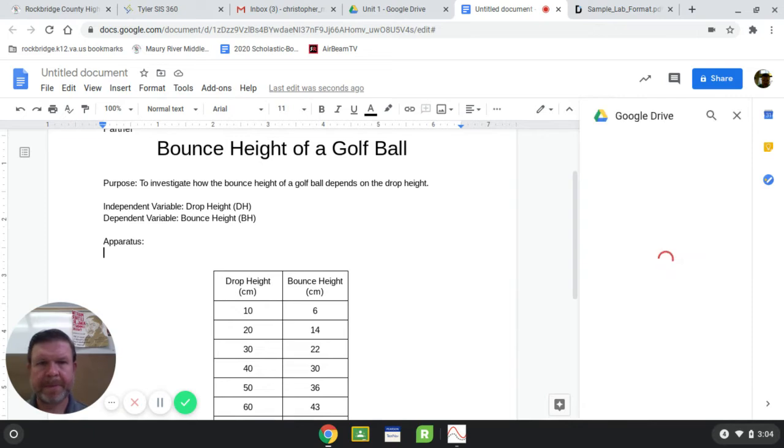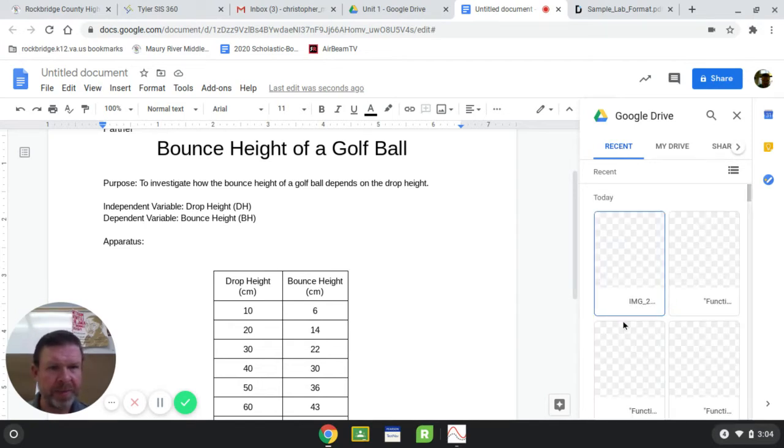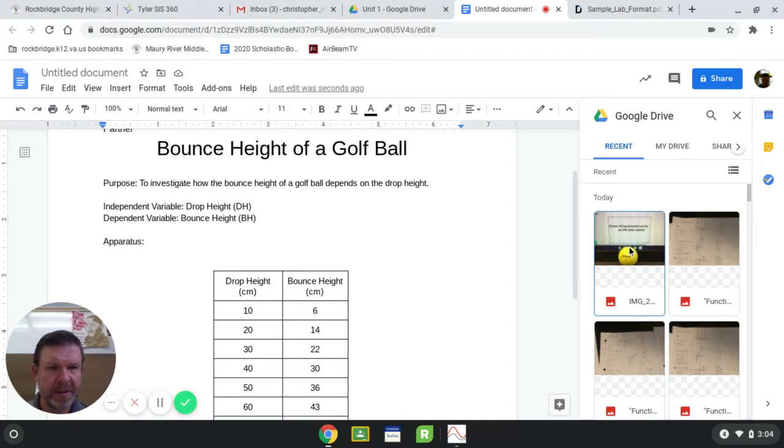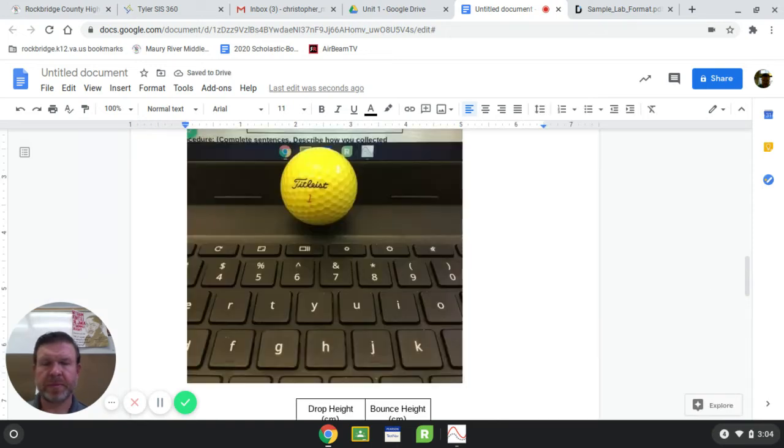It's from my Google Drive because that's where I put it. And it's the most recent thing that I did. So if you have the recent tab up on your Google Drive and you're doing it kind of like what I'm doing here, it should be super easy to find because there it is. It's the most recent thing I did. So I'm going to click that and insert.